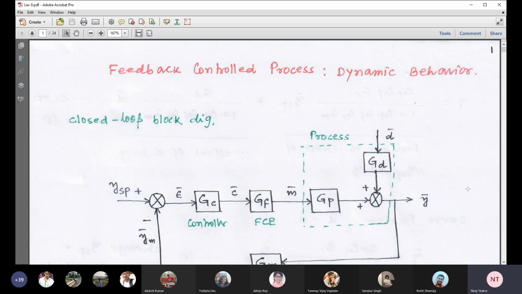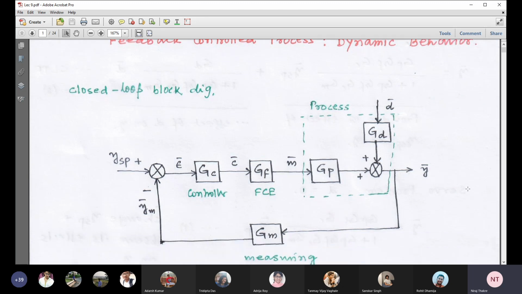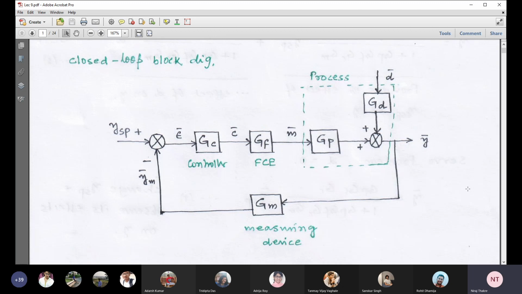In fact, the stability is also briefly discussed for the open loop process. Now we will discuss it for the closed loop process. So let us come one by one. You see, this is our block diagram, which we have developed before.